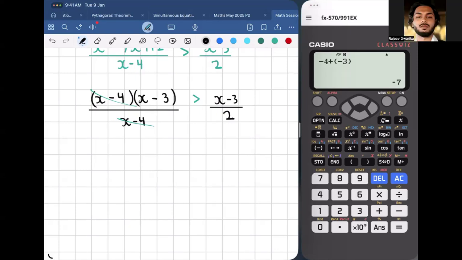The x minus 4s will have cancelled off. So if the x minus 4s cancel off, what do we have on the left-hand side remaining? Nothing, sir. Just x, sir. Now check it out. This and this cancel off. So if I get rid of this on this, what's the only thing that's remaining?